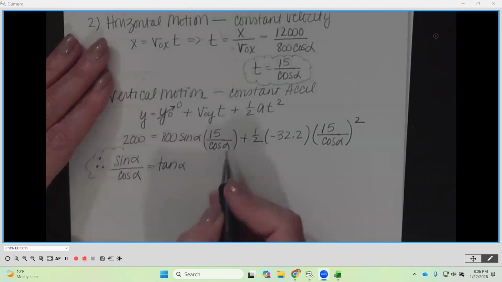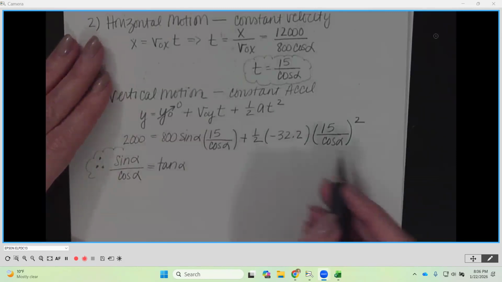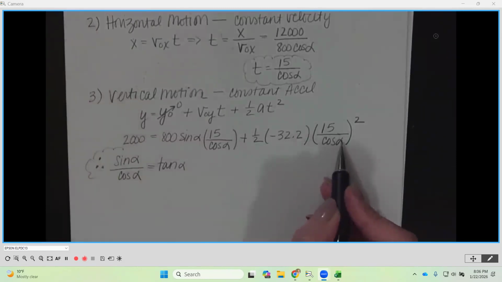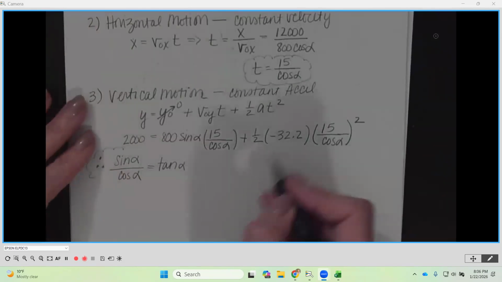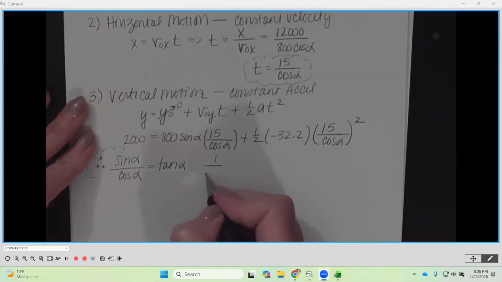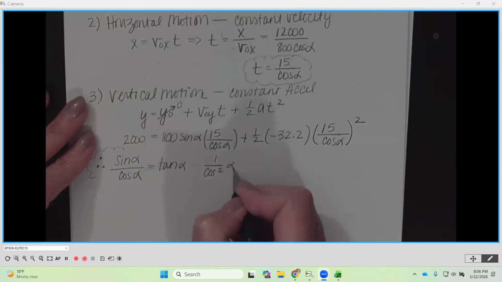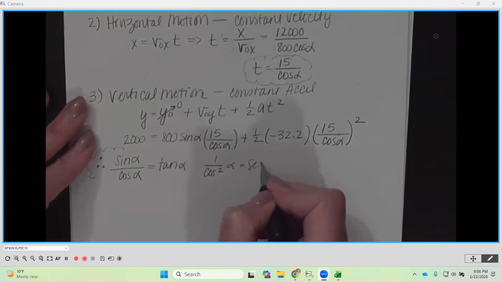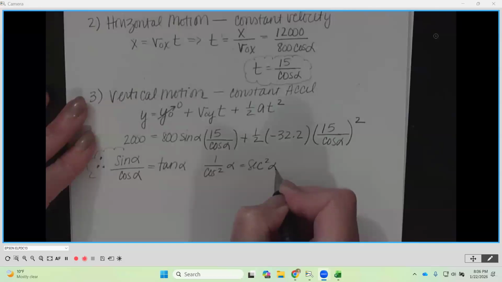All right. And then the other one that we have is this one. Okay, so this is a 1 over cosine squared alpha. So 1 over cosine squared alpha is equal to a secant squared alpha.